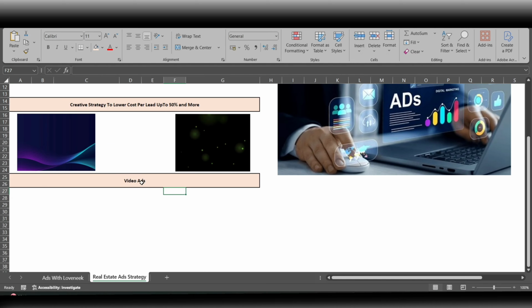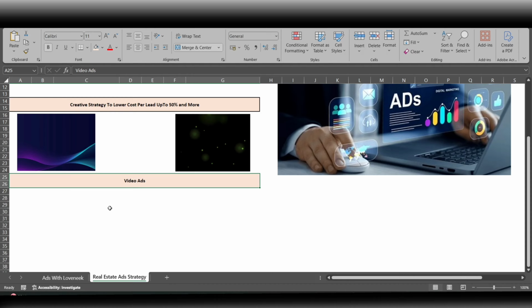Now for the video ads, if your client has a good budget, you can shoot some great videos with drones and everything. You can do this on the basis of what your competitors are doing, and create in the same way, giving a walkthrough. If it is a residential property, you can give a full walkthrough of the number of rooms in the property, or an overview of the kitchen and other areas, and mention things like whether it is well furnished or not.